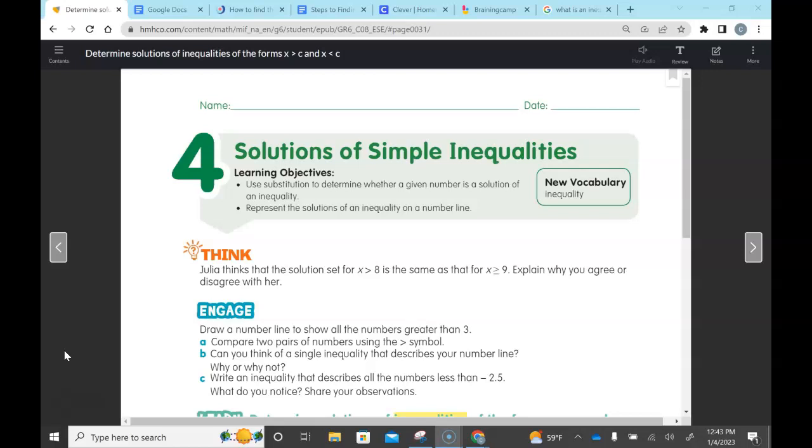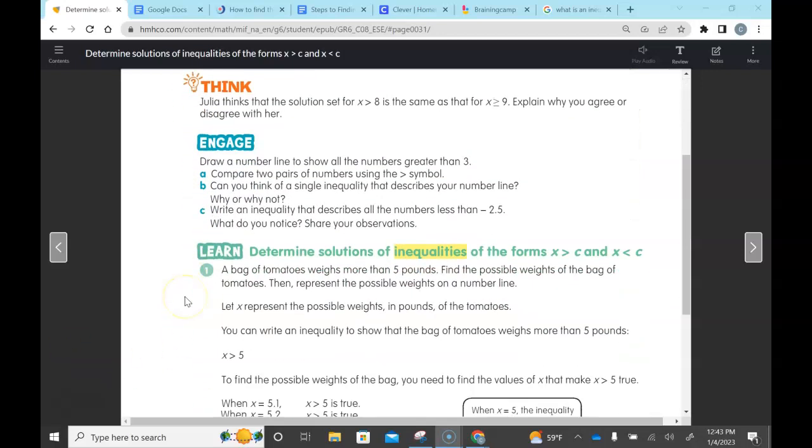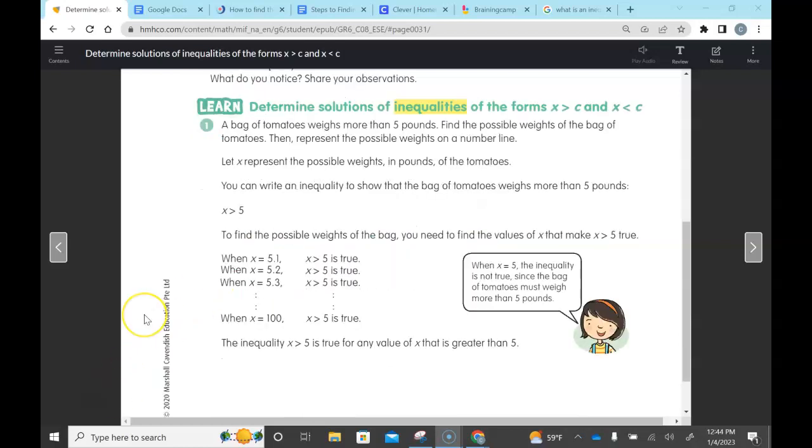Now let's take a look at the beginning part. We're going to determine solutions of inequalities in the form of x is greater than a number and x is less than a number. So we're going to take a look at the problem on page 83. It says a bag of tomatoes weighs more than 5 pounds.